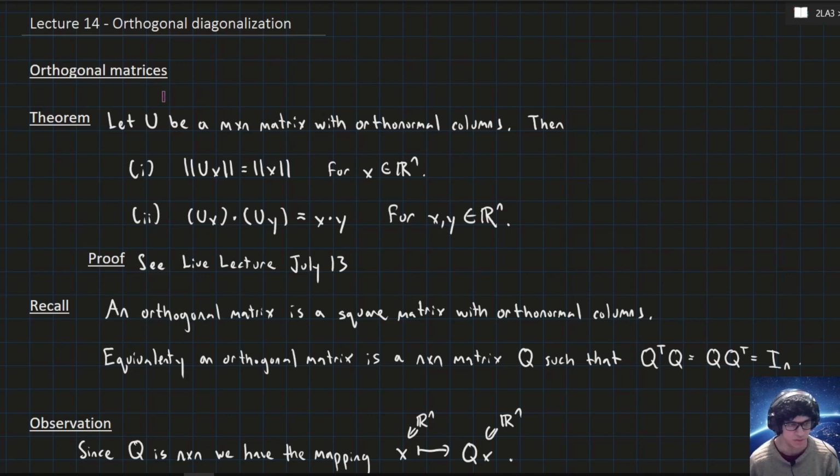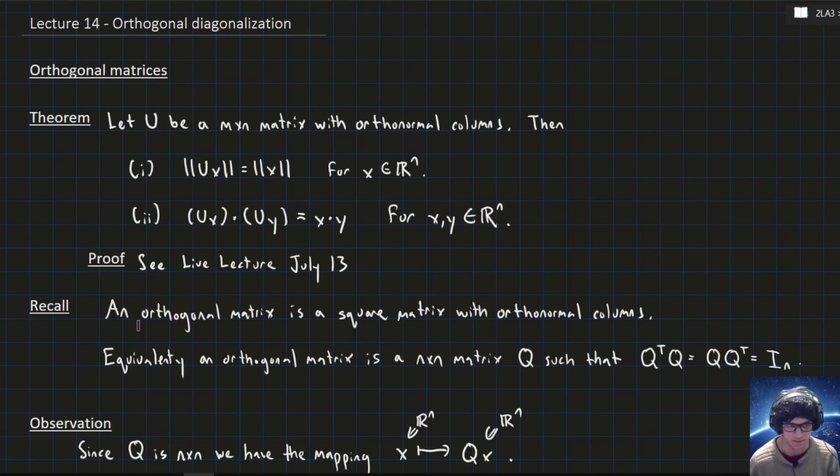So let's talk about orthogonal matrices now. An orthogonal matrix is a square matrix with orthonormal columns. In particular, both of these properties apply to orthogonal matrices since they have orthonormal columns. We give a special name for matrices that are square with orthonormal columns.